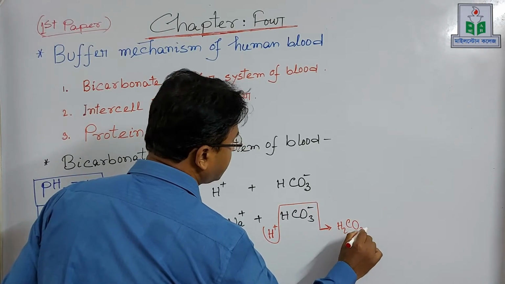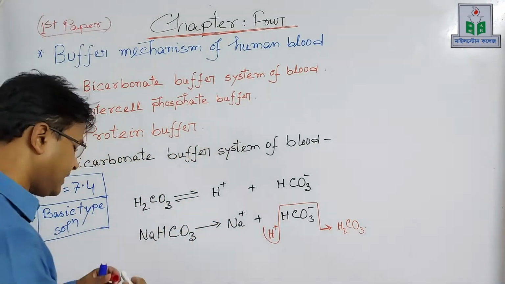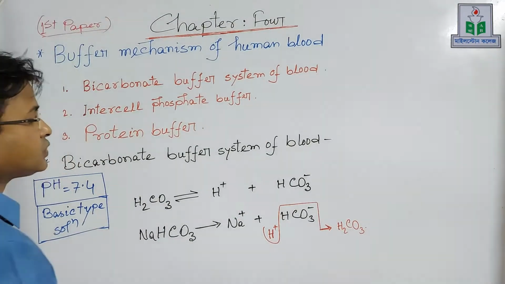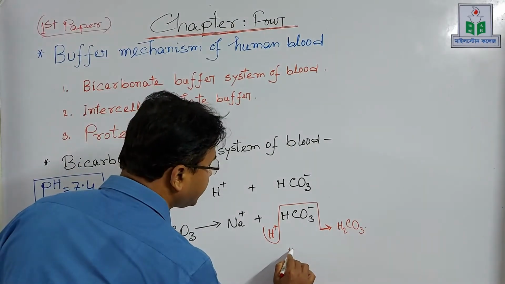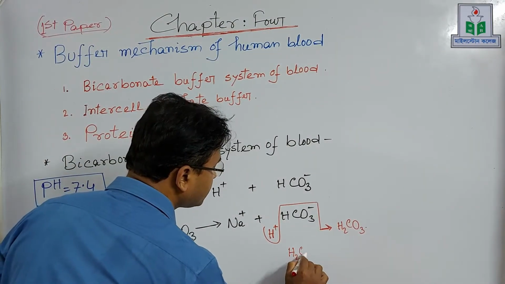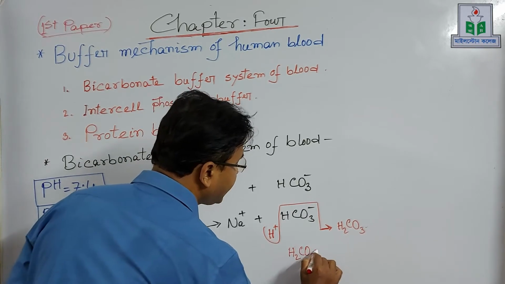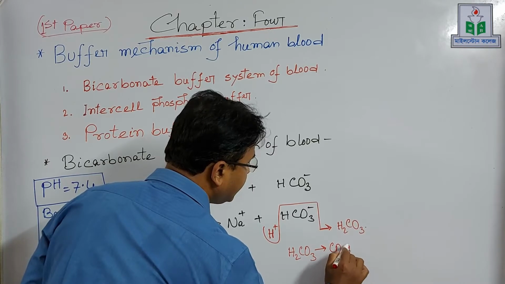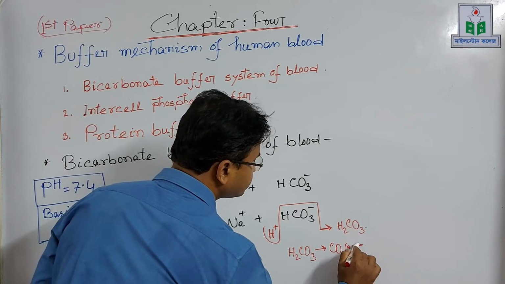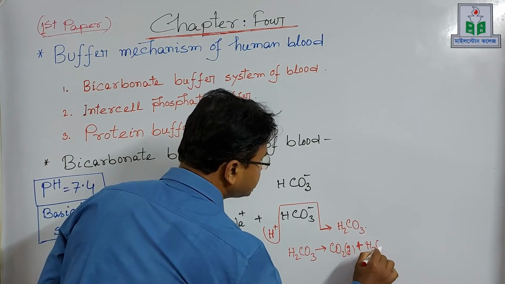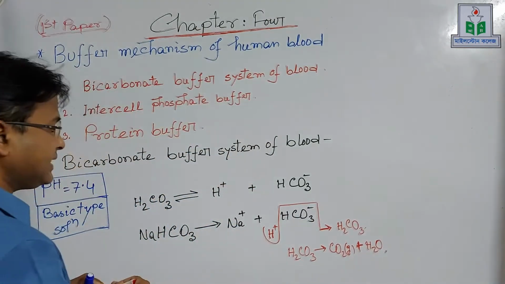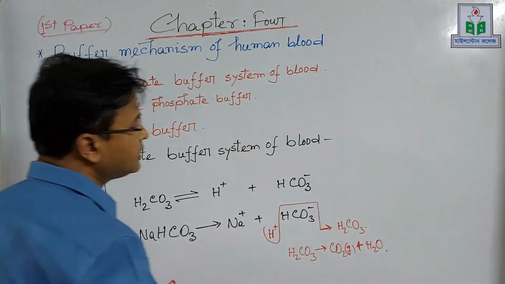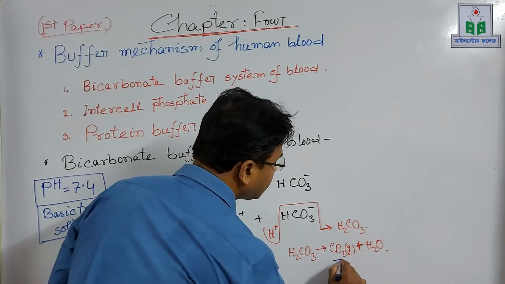Carbonic acid is a weak acid and also very unstable. That's why this carbonic acid breaks to produce carbon dioxide gas and water. This carbon dioxide gas is exhaled out from the lungs.